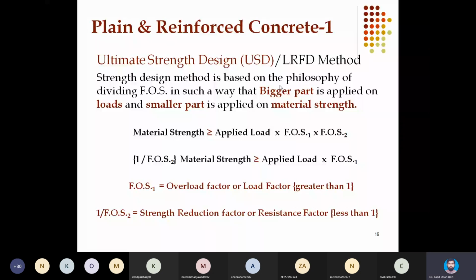And factor of safety 2 will go in the denominator. And when I take the reciprocal of it, it will become less than 1. So this factor less than 1 will drop the resistance offered by the material. So in this way, my equation of action and resistance carries factors of safety on both sides.